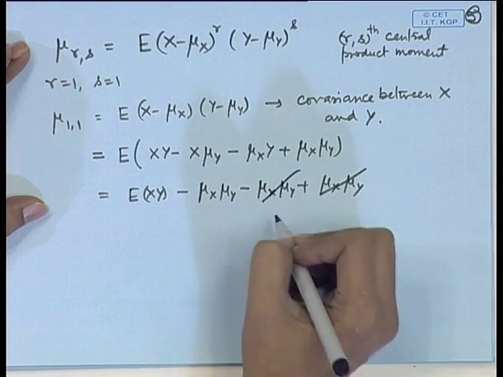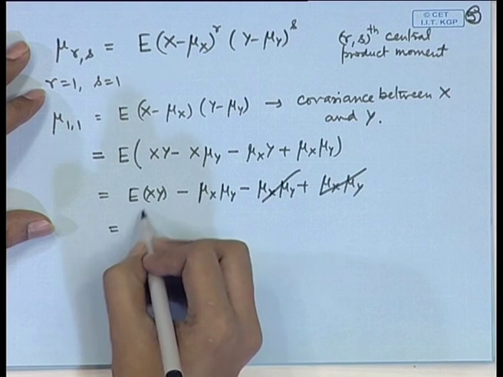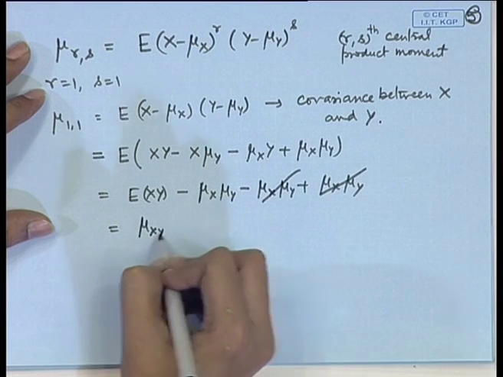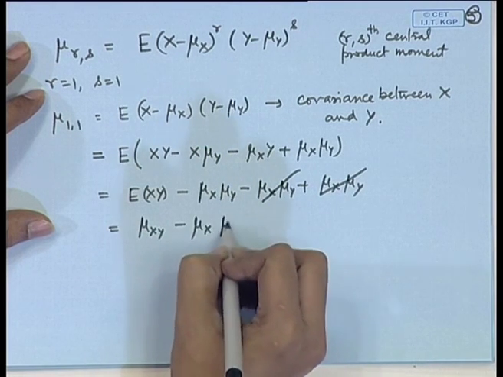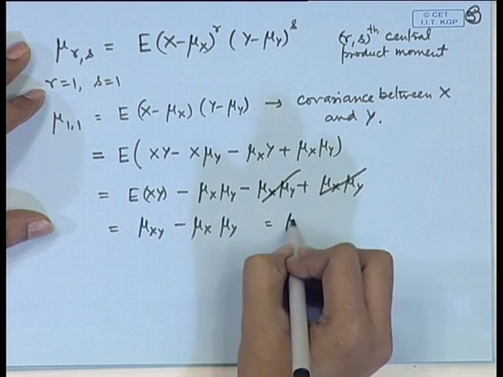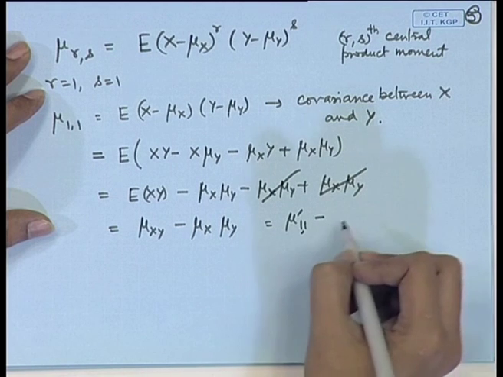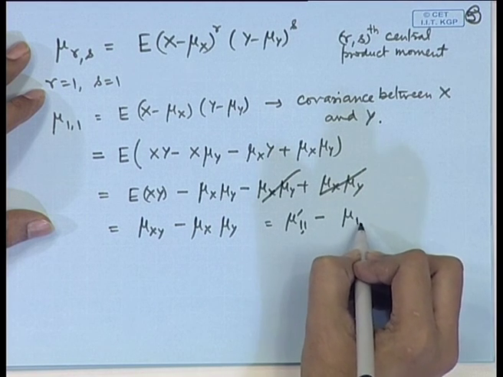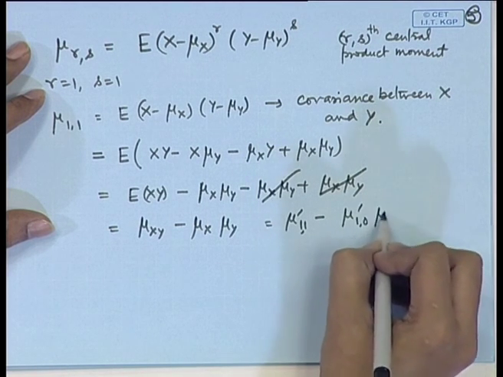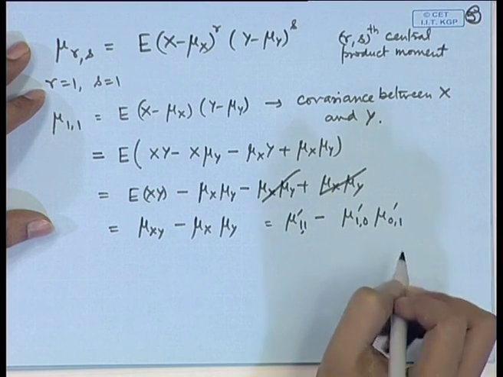So, this term cancels out and we can use this notation mu x y here, or mu 1 1 prime minus mu 1 0 prime mu 0 1 prime.